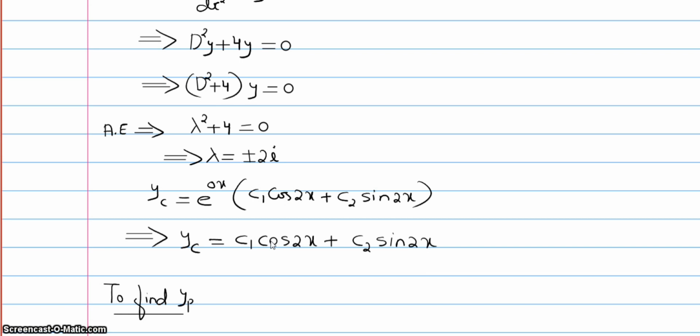So the general solution format is yc equal to e raised to alpha x into c1 cos beta x plus c2 sin beta x. Here the value of alpha is 0 and the value of beta is 2. So the complementary function will be e raised to 0x into c1 cos 2x plus c2 sin 2x.